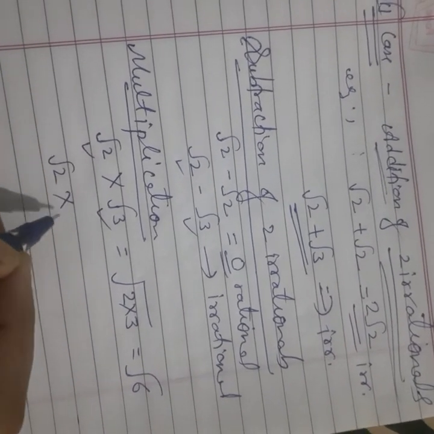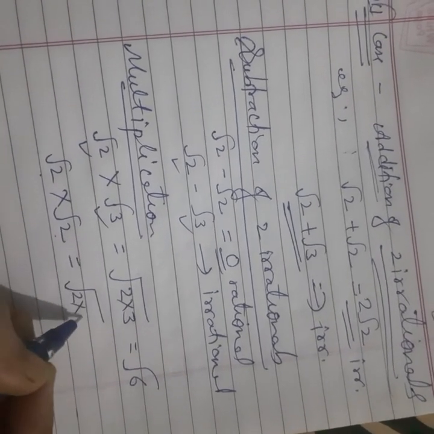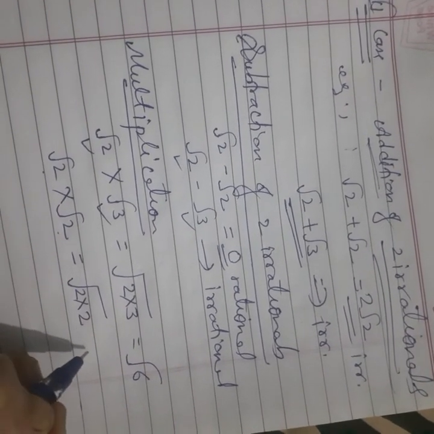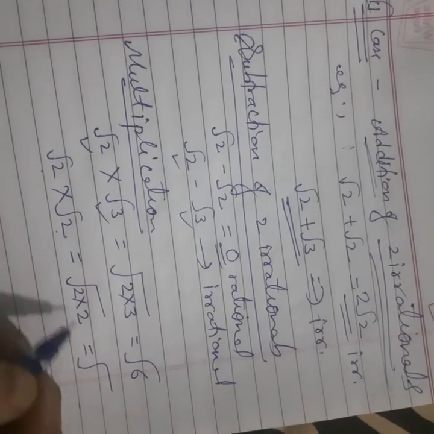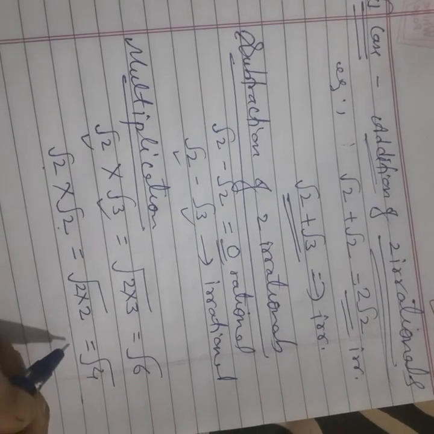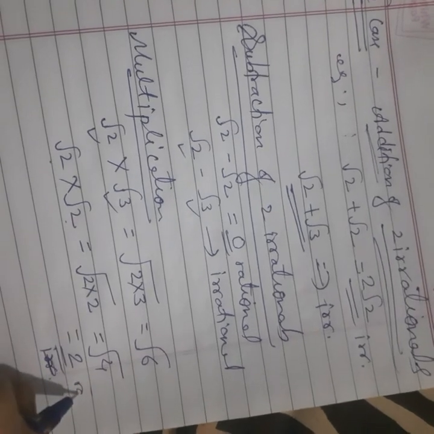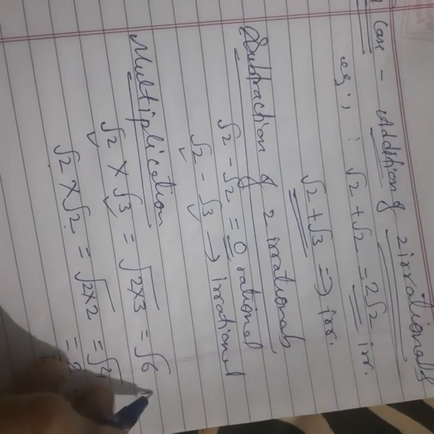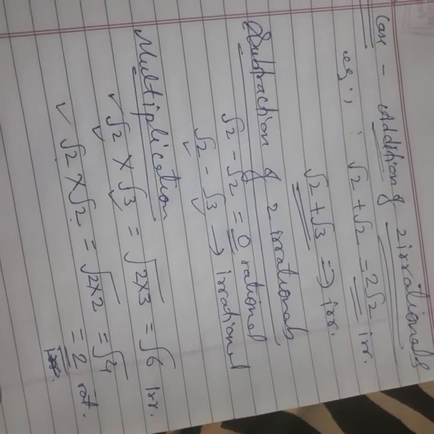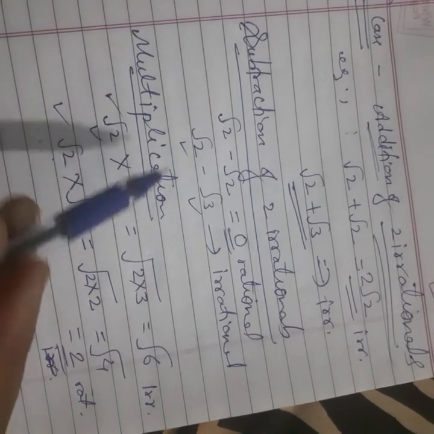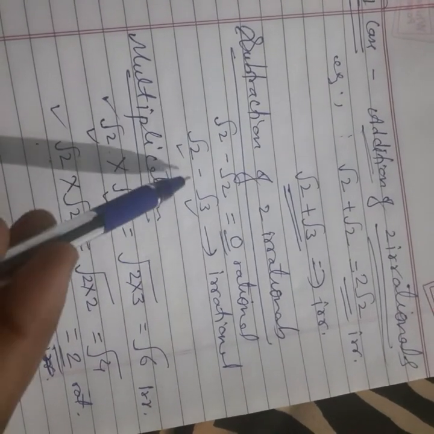But if you are taking the same irrational, √2 and √2, then what will be the result? √2 multiplied by √2 is √4, and when it comes outside it is 2, and 2 is rational. But here in this case √6 is irrational. So here also two different cases arise when we are taking same irrationals and different irrationals.